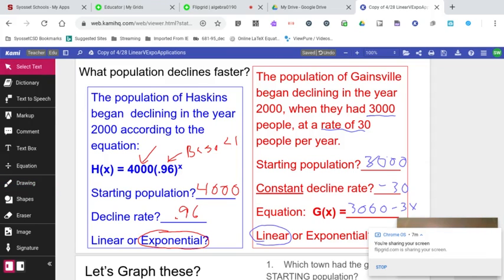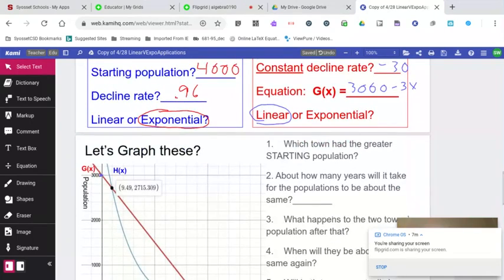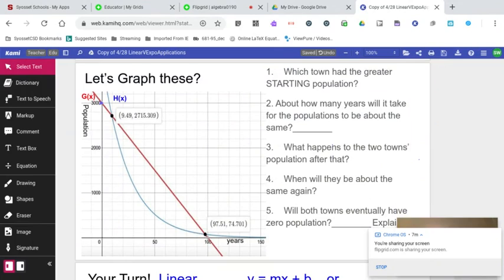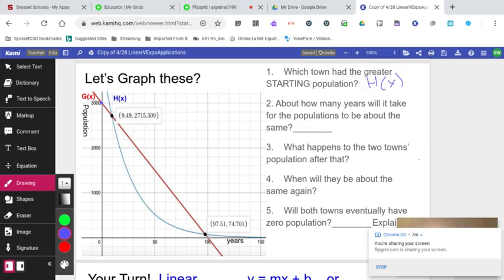Now, if we graph these, we can see clearly that the town that had the greater starting population was definitely Haskins, h of x. At the y-intercept, which is the year 2000, Haskins is above Gainesville.